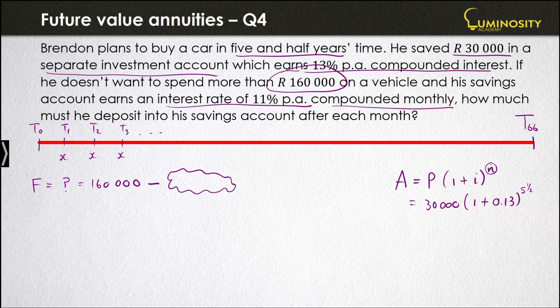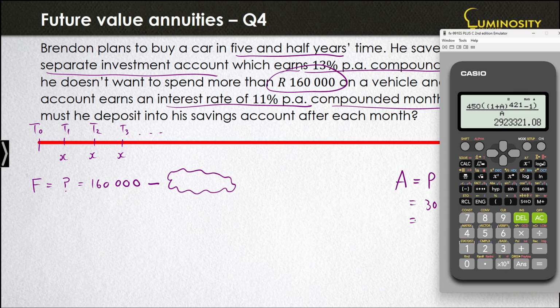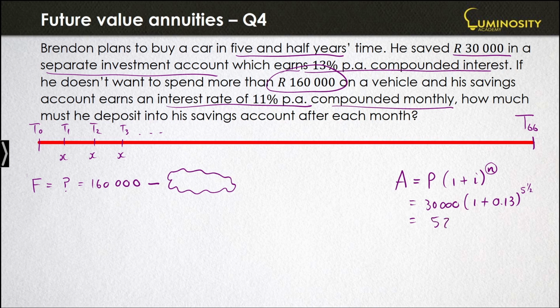If you put that into your calculator, 30,000 times (1 plus 0.13) raised to the power of 5.5, you get 58,756 Rand and 6 cents. So Brendan will have saved 58,756 Rand and 6 cents over 5.5 years in that separate account.